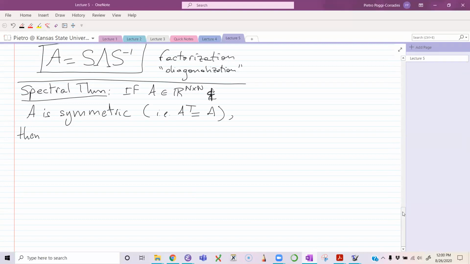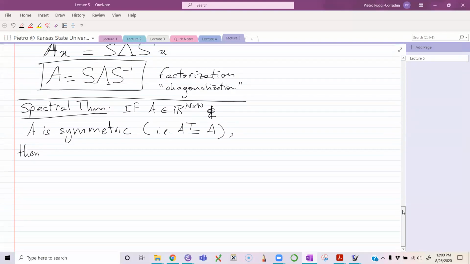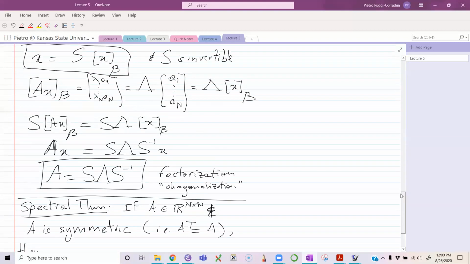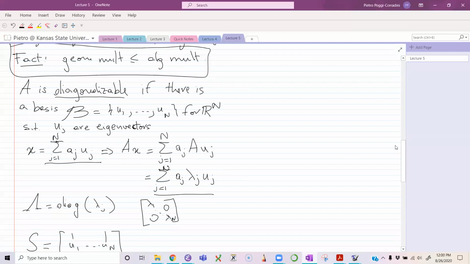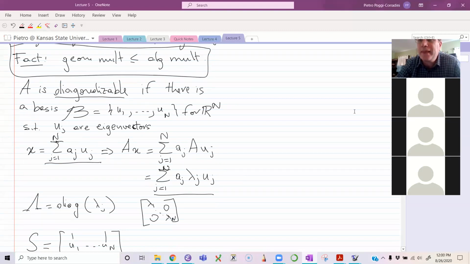What's special about symmetric matrices? Anyone? Are they diagonalizable?